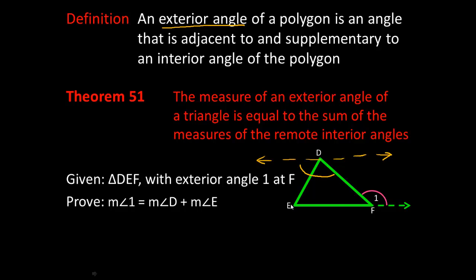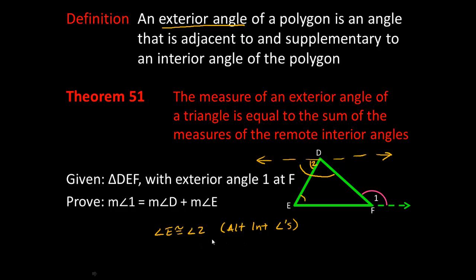But also, remember that we've got these two parallel lines, but we've got a couple of other things going on. We've got angle E is congruent to this right here because of alternate interior angles. So we've got these two, we'll call that angle 2. We could say that angle E is congruent to angle 2 by alternate interior angles.